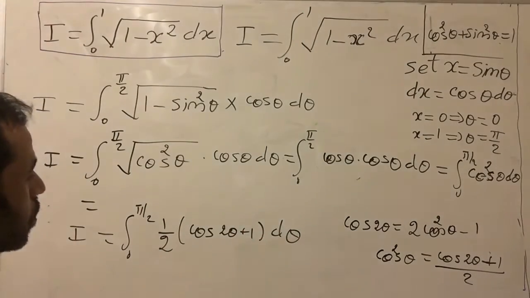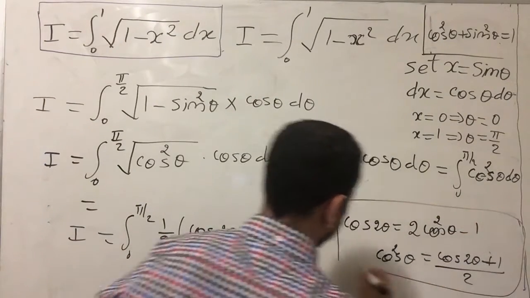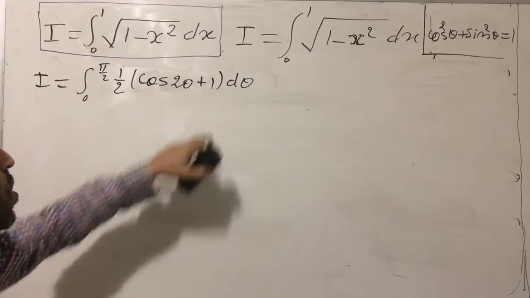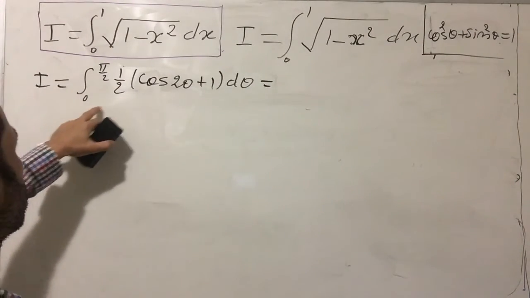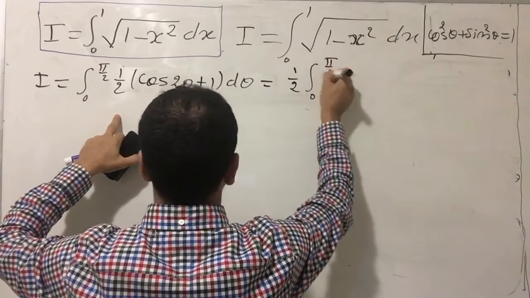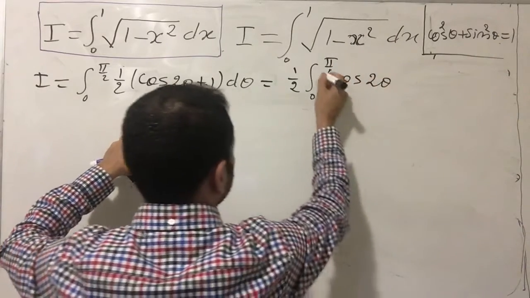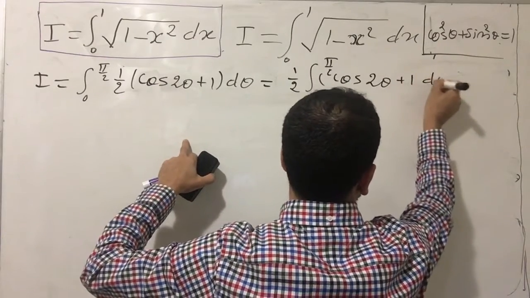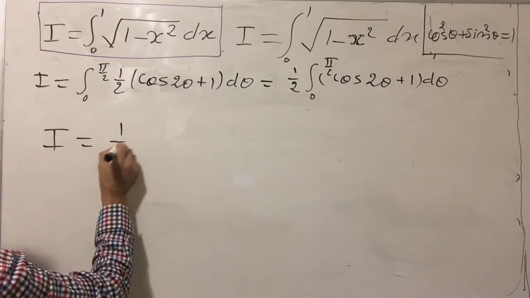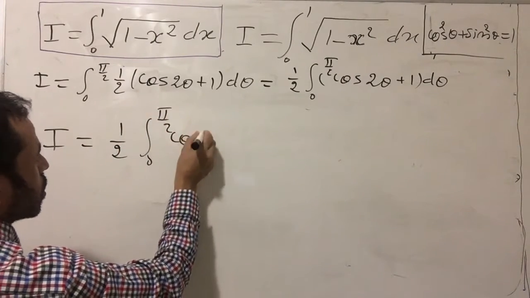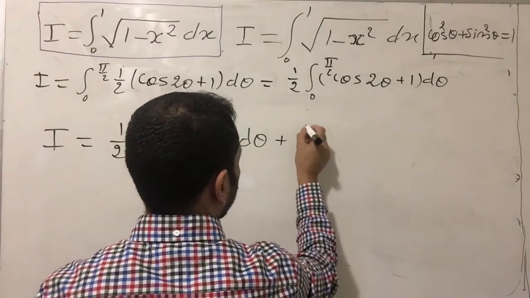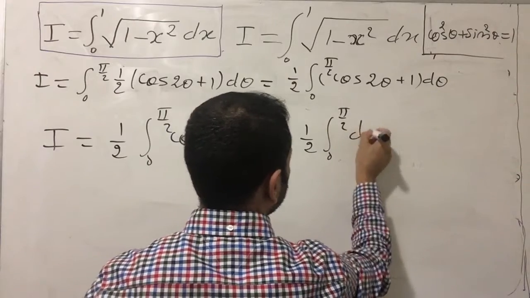I take this 1 over 2 outside of the integral. Then I split this integral into two integrals, putting them separately in order to avoid errors. So I equals 1 over 2 times the integral from 0 to pi over 2 of cosine 2 theta d theta, plus 1 over 2 times the integral from 0 to pi over 2 of d theta.